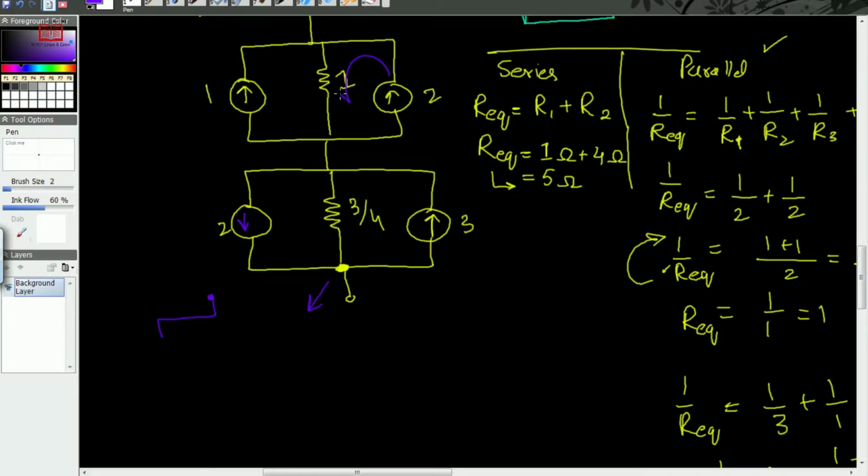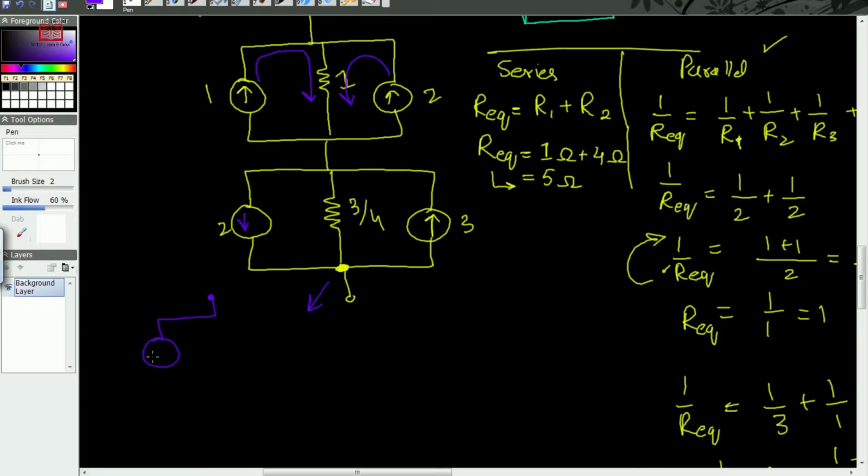Before proceeding, you can see this current loop's polarity is going toward the downside, and its current is also going towards the bottom. The current of both sources follows the same direction when passing through the resistance, which means we can simply add the currents.